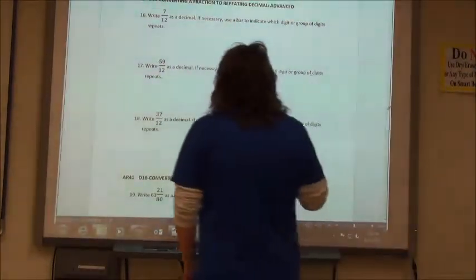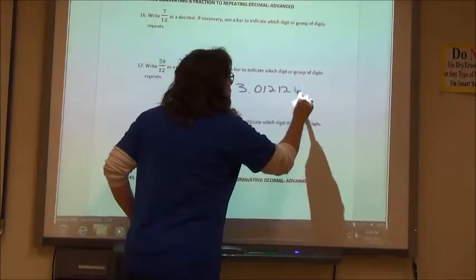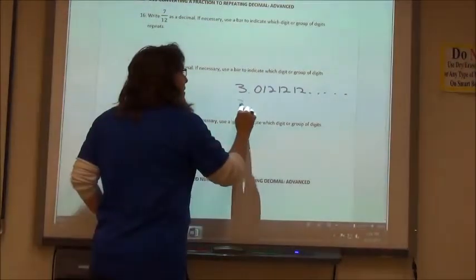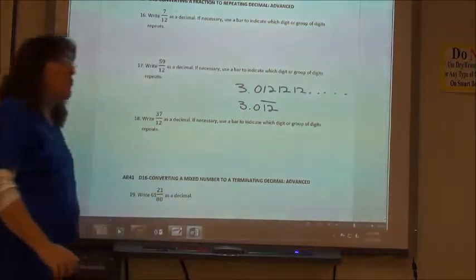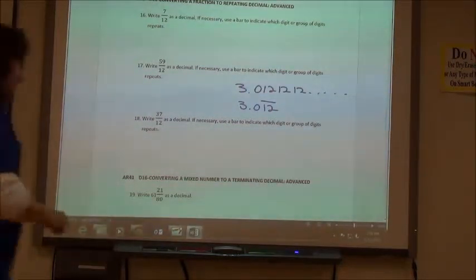If we had on our calculator 3.0121212 dot dot dot, we would write it 3.012, and the bar would go over both the 1 and the 2. So this one would be 21? That would be, because you have 2, 1, 2, 1, 2, 1, 2, 1. I thought it was 2.